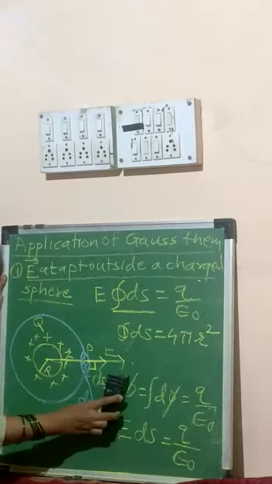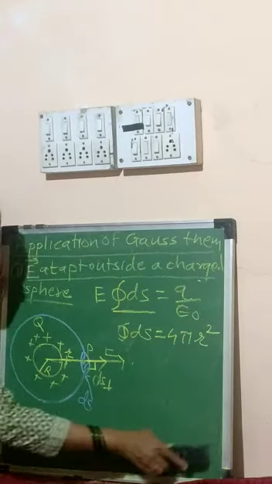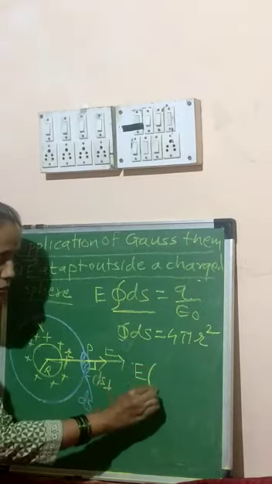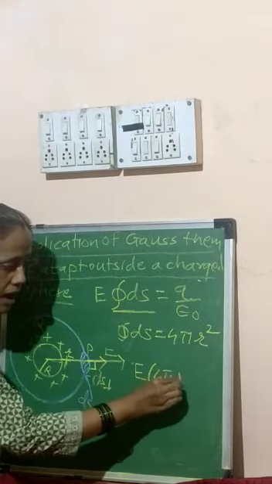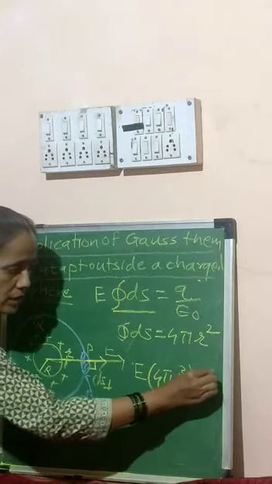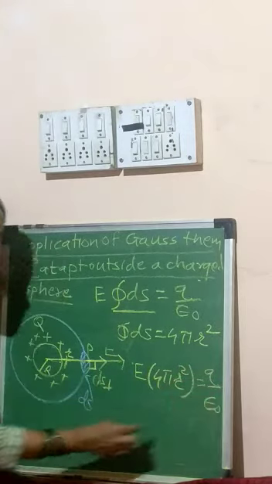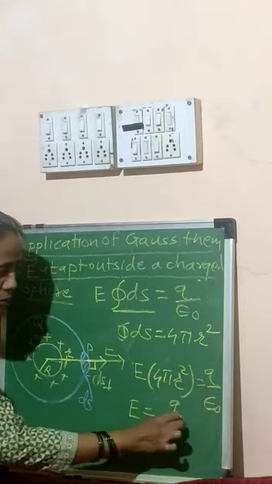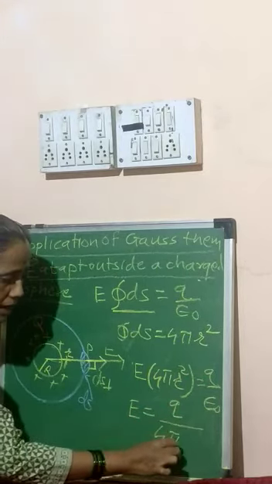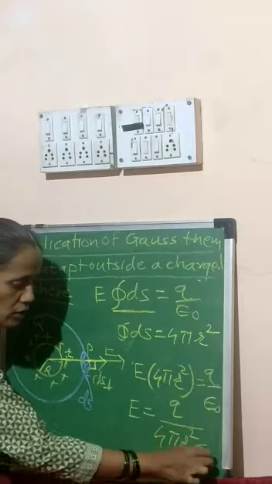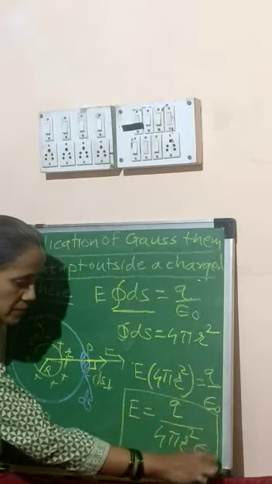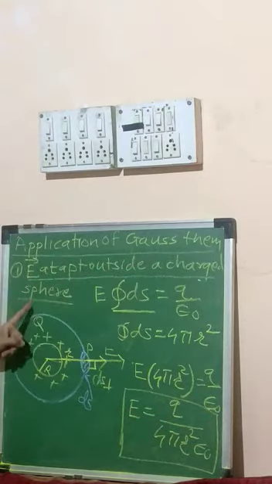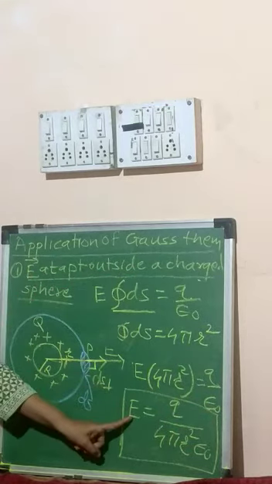And if I put that value in the equation, I will get here intensity E times 4 pi r square is equal to nothing but Q upon epsilon naught. And therefore your intensity E can be written as Q upon 4 pi r square epsilon naught. So this is nothing but the electric intensity at a point outside a charged sphere. So this is the first formula.